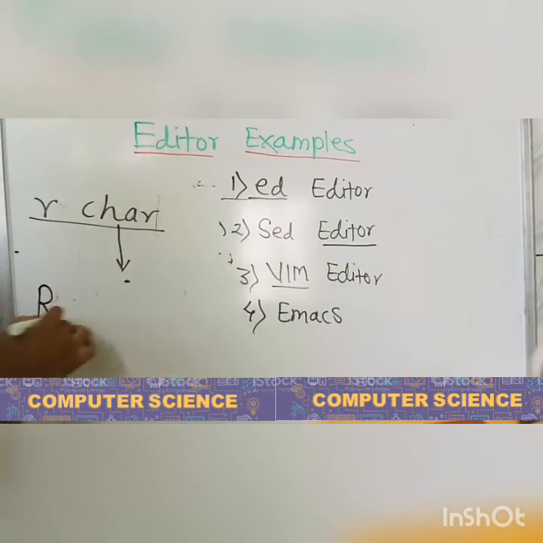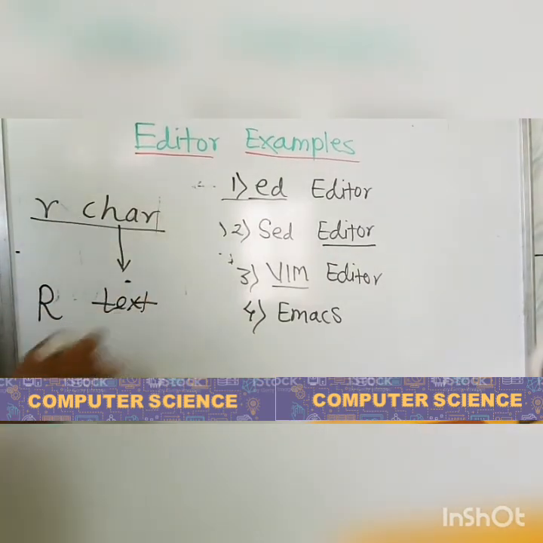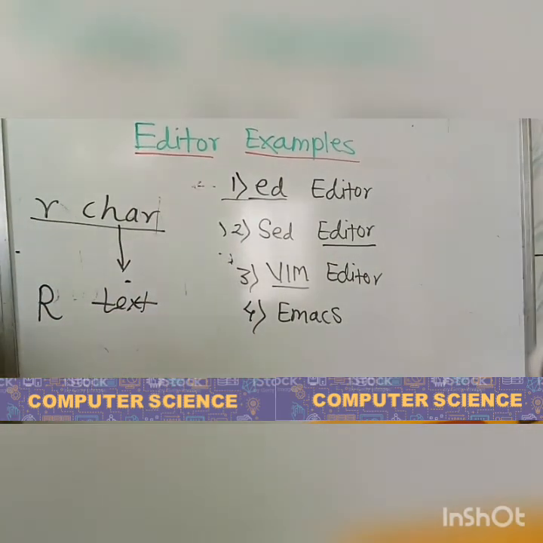Then capital R and text is used for overwriting the data at the current cursor position with the text until you press Escape, meaning the data in your file will be overwritten by these text characters. These are the different functions of the VI editor.